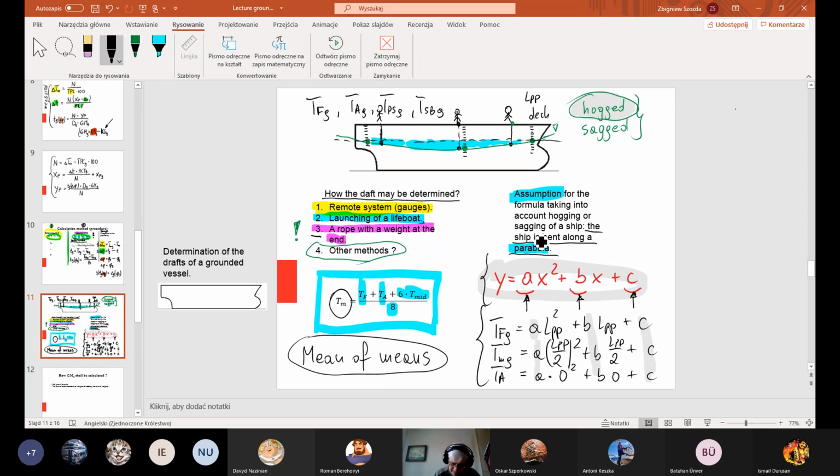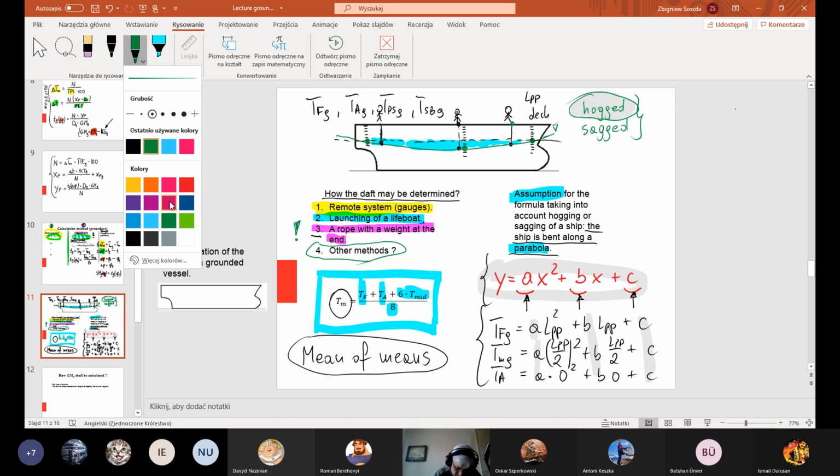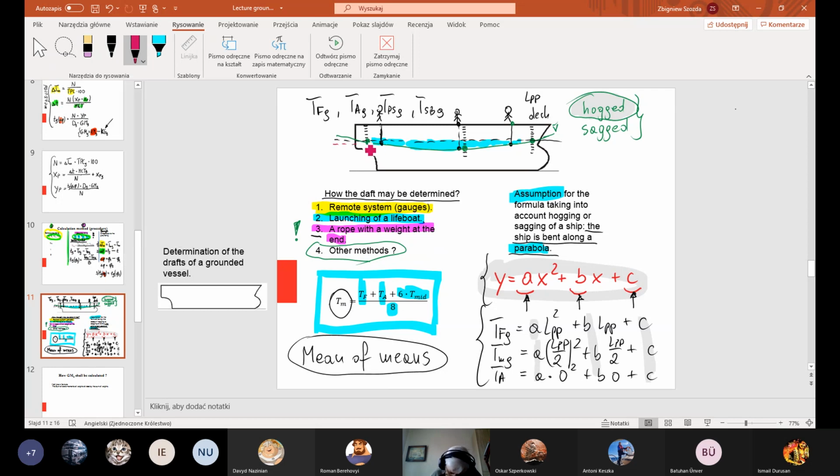So the mean draft, I will take maybe red color, like this. The mean draft will be somewhere here, TM, the so-called mean of means.